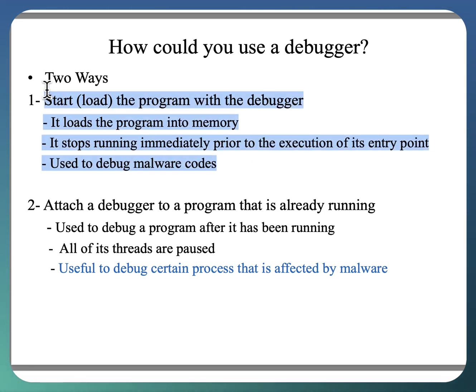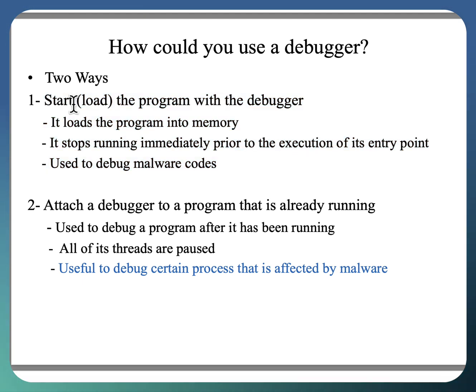So basically what we're going to learn how to do is, I have this file, I know that this is a malware, and I want to know what it does. We tell the debugger, hey, this is the application that I want to debug. And what it's going to do is load the application into memory, and immediately before the execution of the entry point, it will stop running.